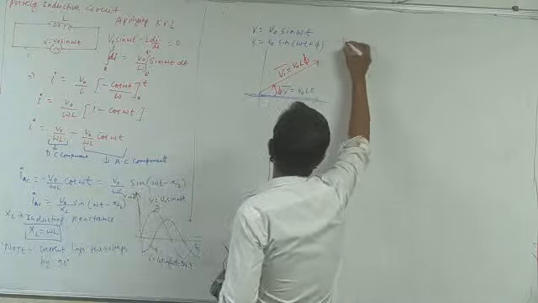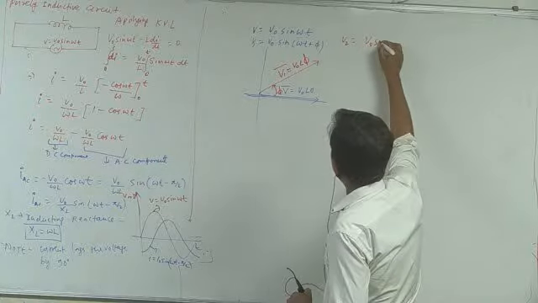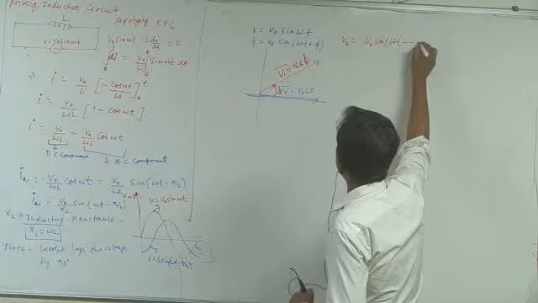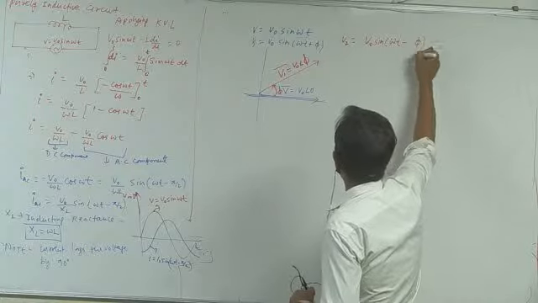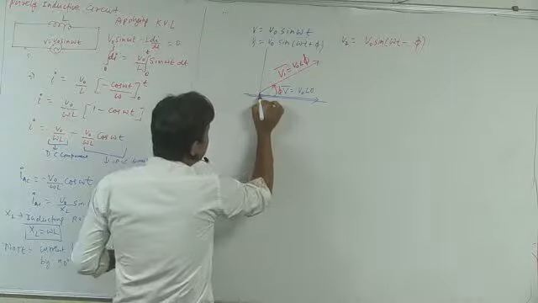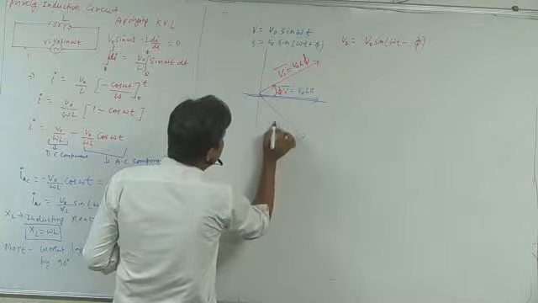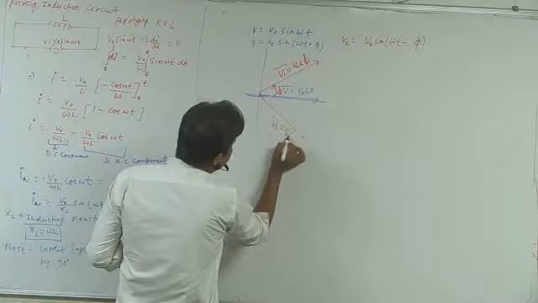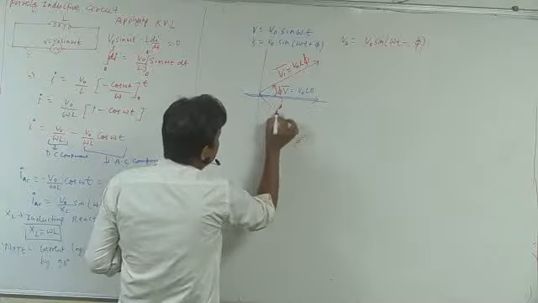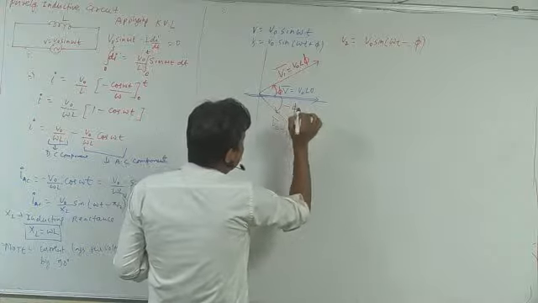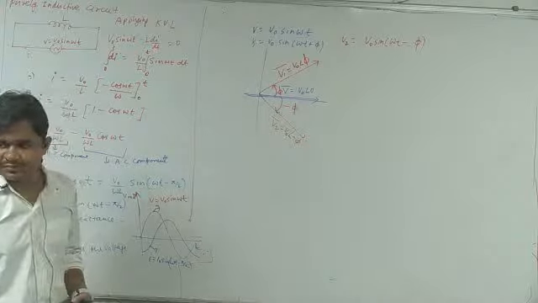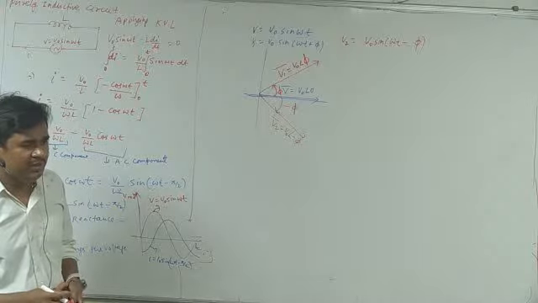If I represent V2 as V naught sine of omega t minus phi, that means this is your V2 phasor. This is V naught angle minus phi. Is that clear? Did you get my point?